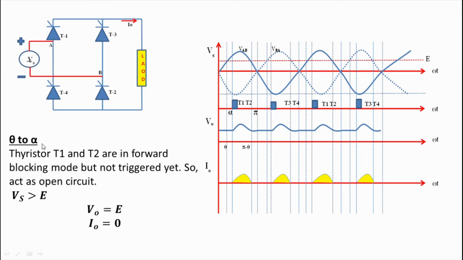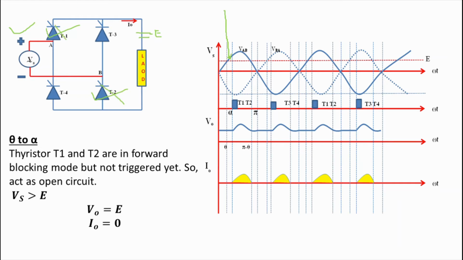Although T1 and T2 become forward biased after omega t equal to theta, because after omega t equal to theta, this EMF E becomes less than this source voltage Vs. You can see here this EMF E is less than this source voltage from theta to alpha, but these two thyristors are not triggered yet. That's why they will continue to remain in off state.